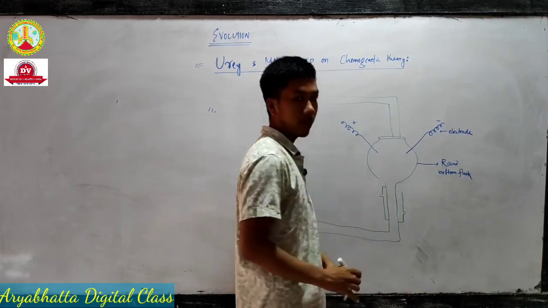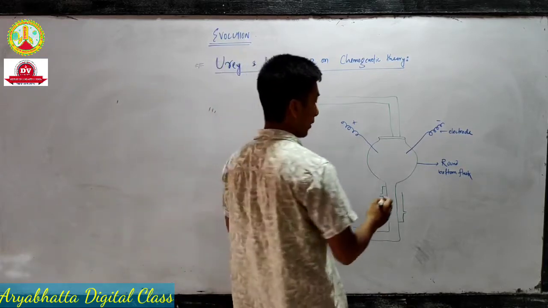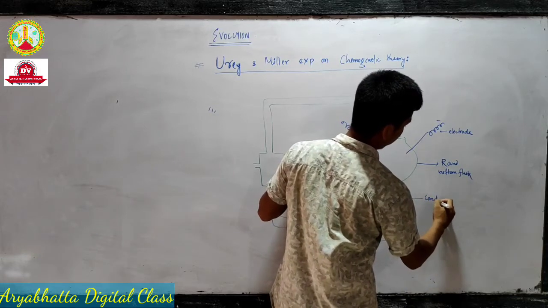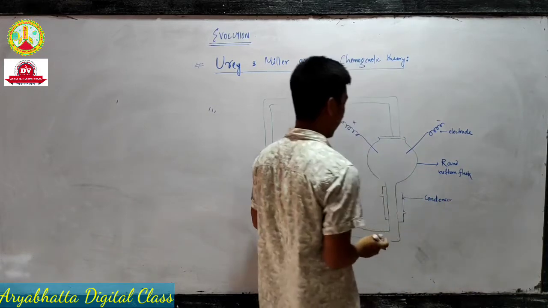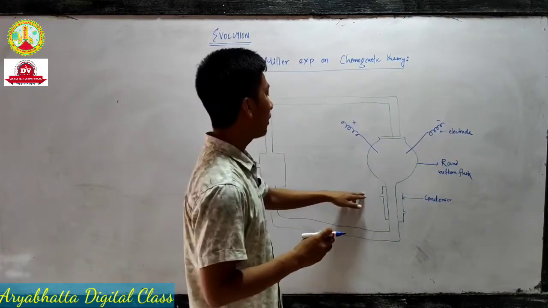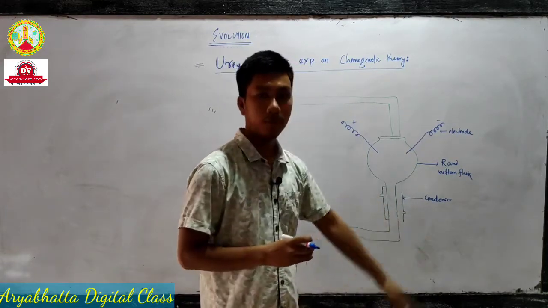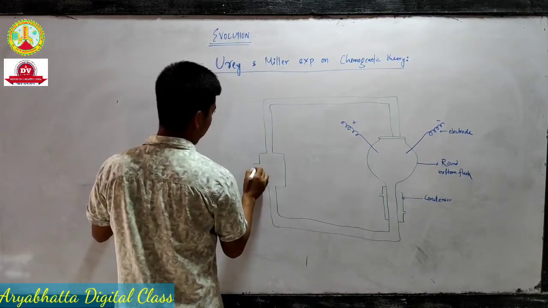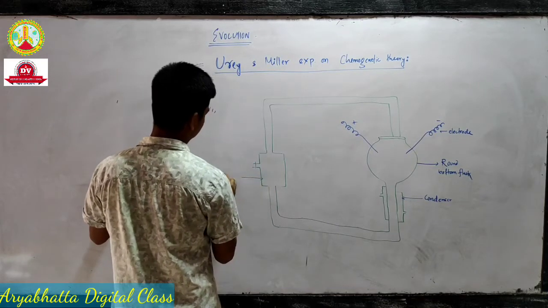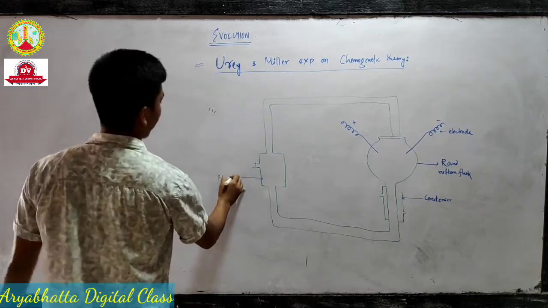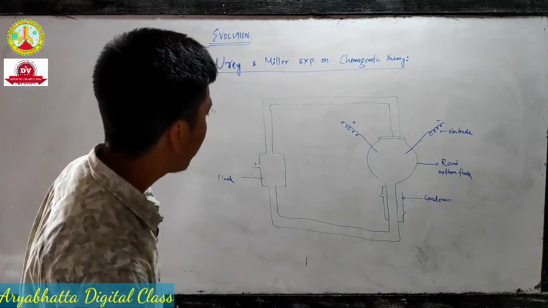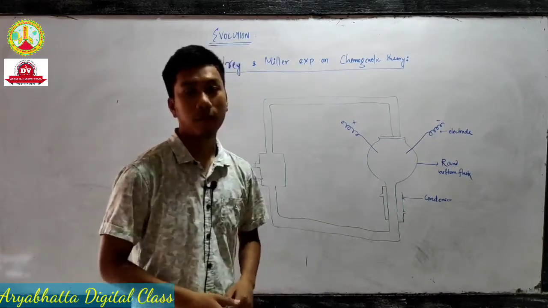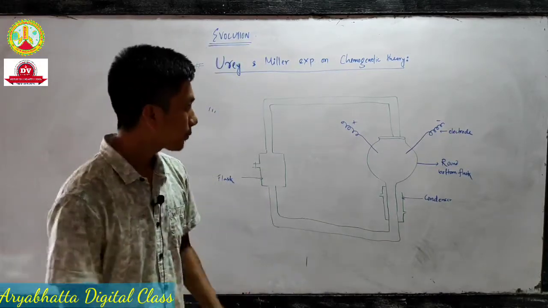And this type of structure, which is connected with the tube, is known as a condenser. In the condenser, the water goes in and the water comes out from that side. That one is another flask. Okay, that's it. A very simple diagram which will help you understand in the easiest way.